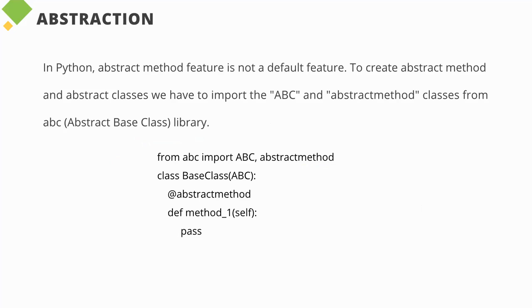Now, to write an abstract method, it's not a default feature. We have to import from the library abc, that is called the abstract base class library. So from abc we are going to import ABC and abstractmethod.